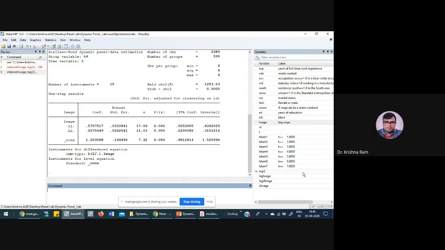Since you have included here only two lag values of wage, the first lag value of wage has an impact on the current value of wage by 0.57%, and the second lag value of wage has an impact on the current value of wage of 0.26%. The cumulative impact of the lag values of wage of period 1 and 2 on the current period is 0.84%.